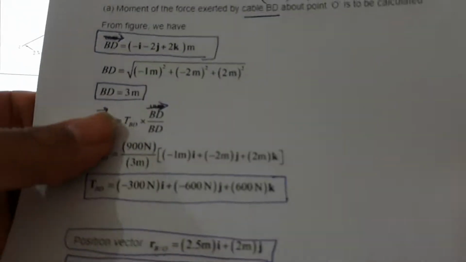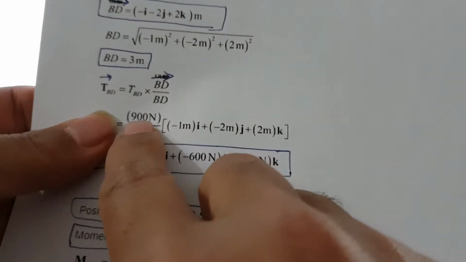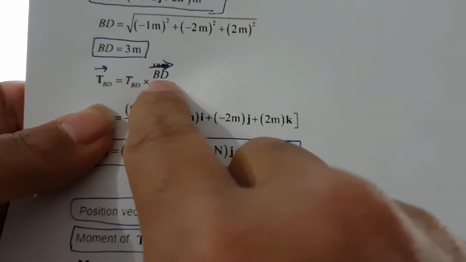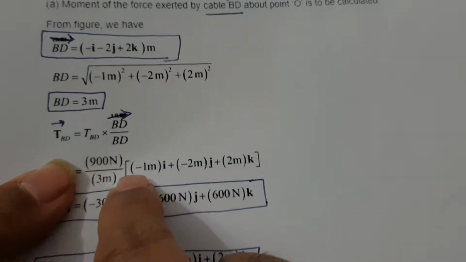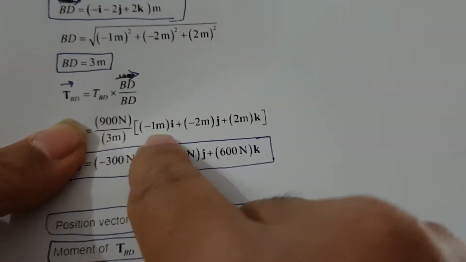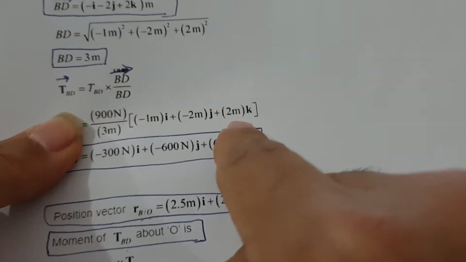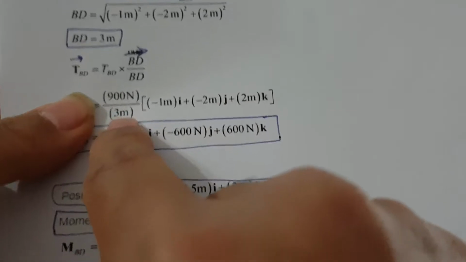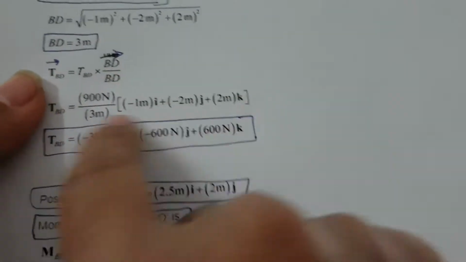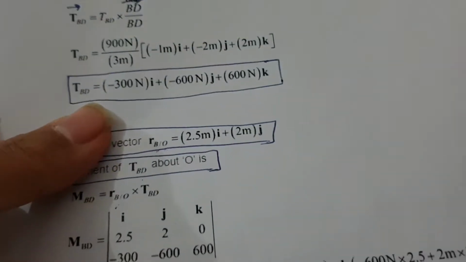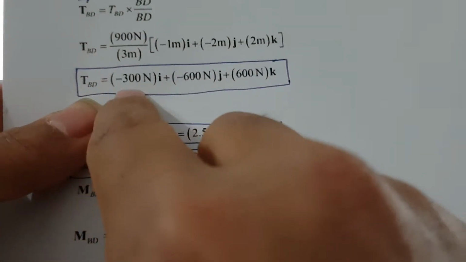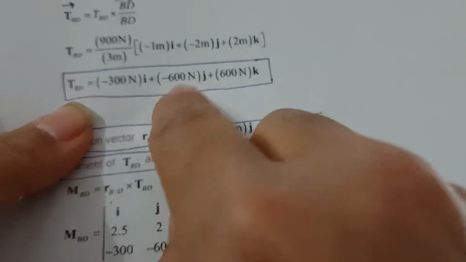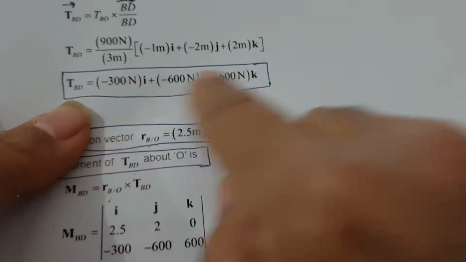So the tension is 900 Newton times the vector form of BD, minus 1i, minus 2j, plus 2k, over the magnitude, 3 meters. You just work through this equation and find the answer. The tension BD is equal to minus 300i, minus 600j, plus 600k. We are done with this.